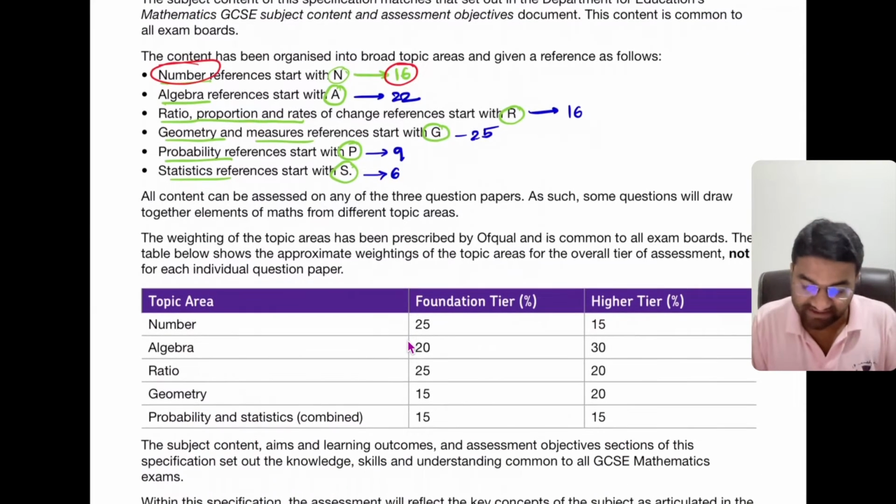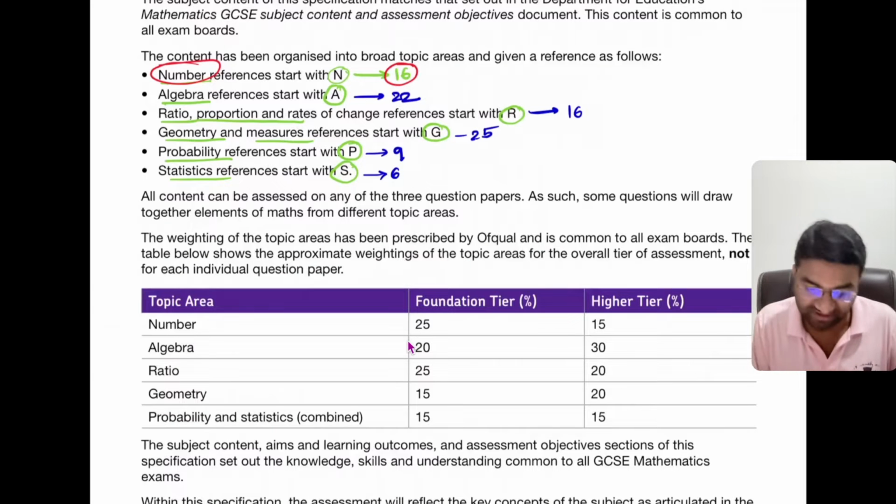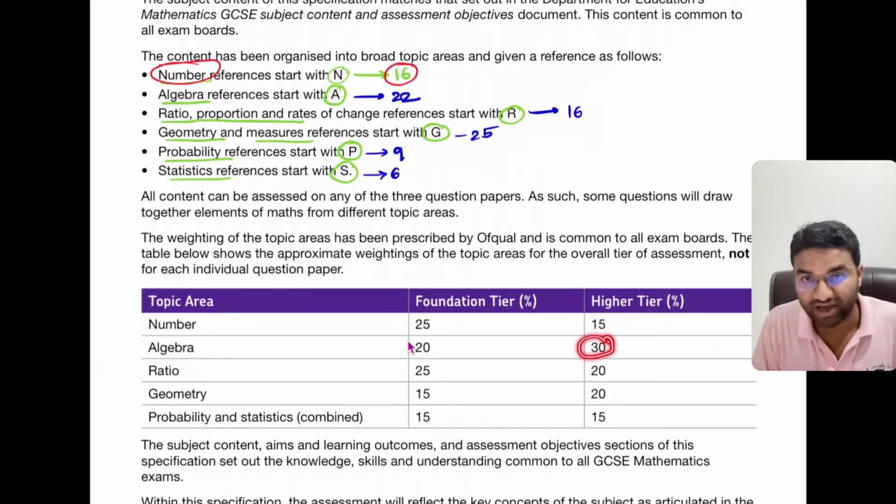So, as I said, there are foundation and higher mathematics. What's the difference between the foundation and higher tier? What's the weightage for these 6 topics? You can see that probability and statistics have been combined. For number, the weightage is more for the foundation tier, and for the higher tier it's 15%. For algebra, the foundation tier has a lower weightage, but the higher tier has 30% weightage.